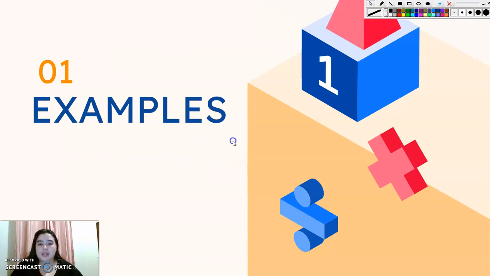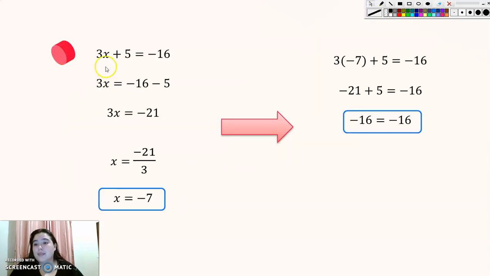Now continue with examples. The first example says 3x plus 5 equals negative 16. The first step, we have to simplify both sides of the equation and combine like terms, if you remember the SCAM. So that's why I moved the number 5 to the other side of the equals, because we have to have the real numbers on the left and the terms with variables on the right.